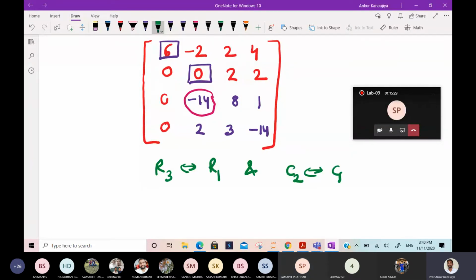Like first interchange the column C2 with C1, then the row, or first the row and then the column, it doesn't matter. Once done, this minus 14 will go to that location, then perform the row operation. With the help of this minus 14, make the entries 0 in that column. So definitely some entries will change. This whole column will go here and this will go here, and then interchange the row.